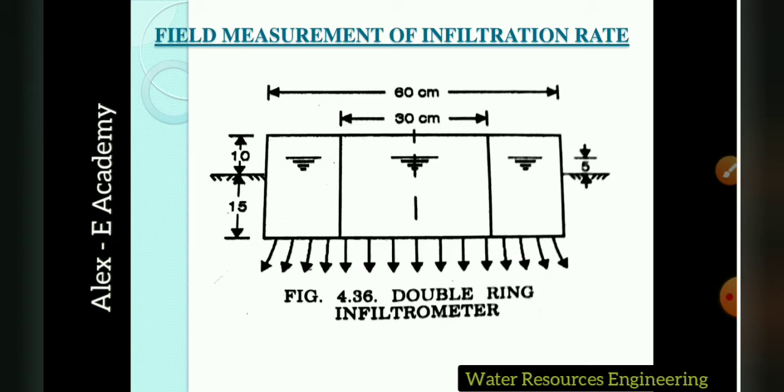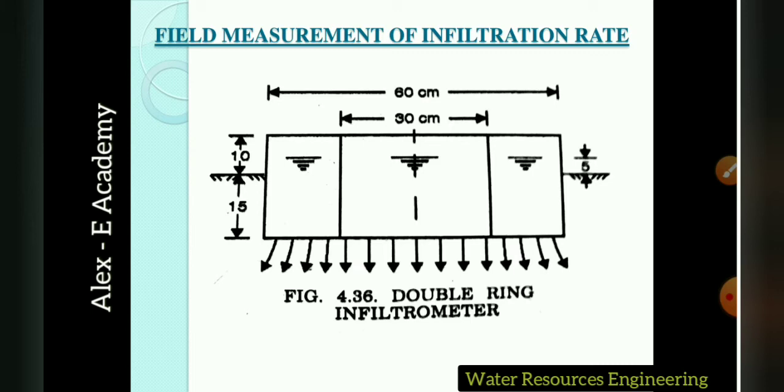There are a few drawbacks for this field method of calculation of infiltration rate. They are: the actual raindrop effect on the soil differs from the manner in which the water flows in an infiltrometer.